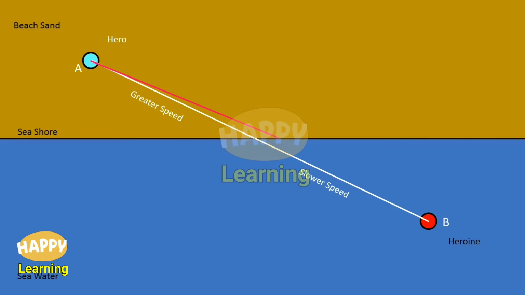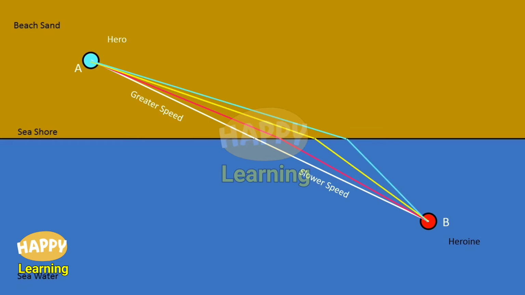So he will have many options as shown here. This may be one option. This may be one option. And this may be one more option.